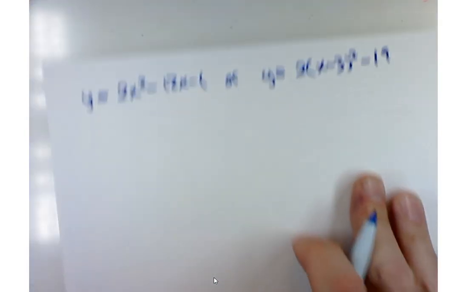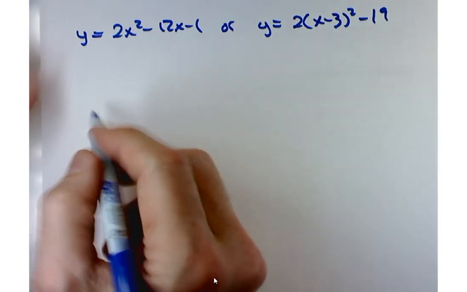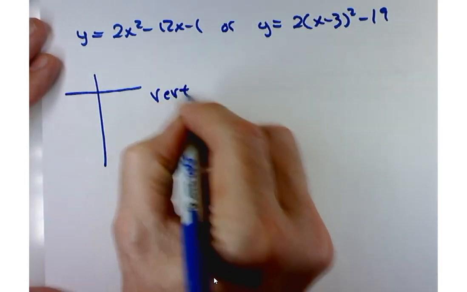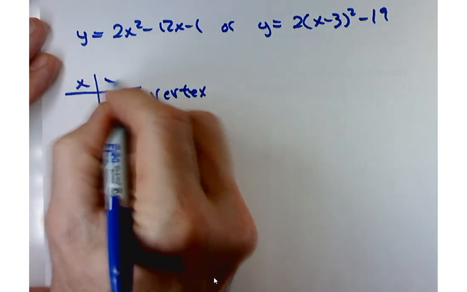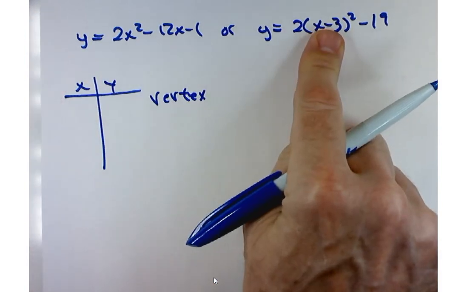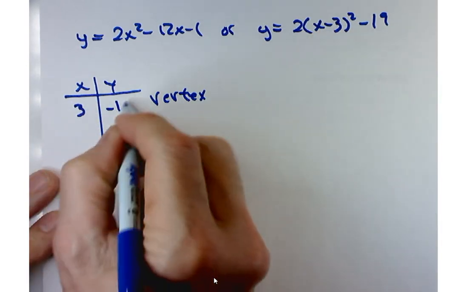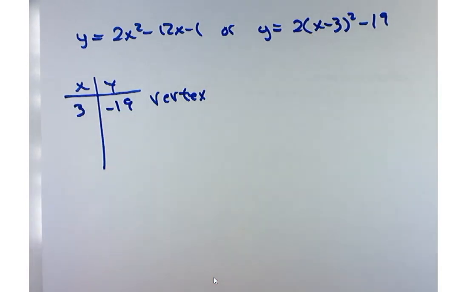I would ask you for several things on a test. First, I'd ask you for the vertex. And for that, it's convenient to have it in this form. Hopefully you read off that that's 3 and negative 19.